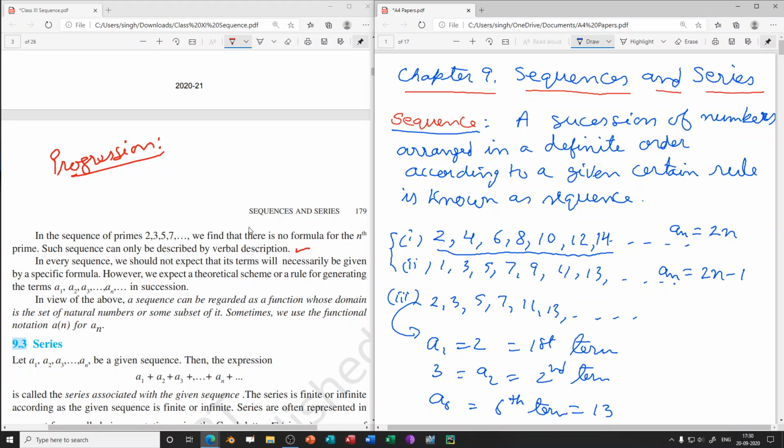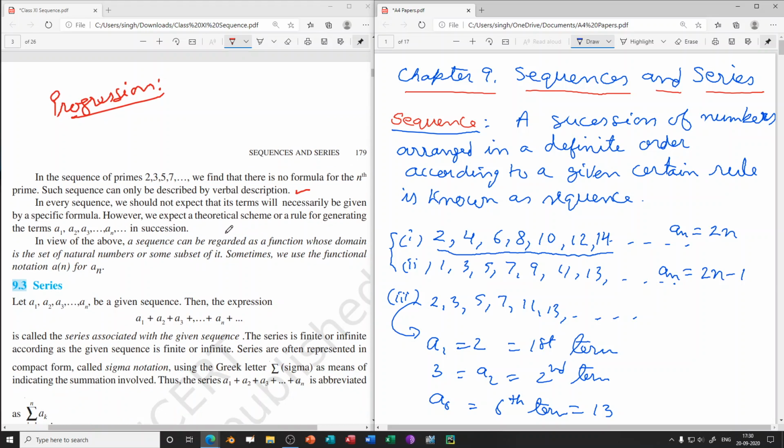So suppose someone asks what will be the 100th term or the 1000th term. It is not possible for us to state the 100th term or the 1000th term unless we find all the terms before that. So this is the difference between sequence and progression.